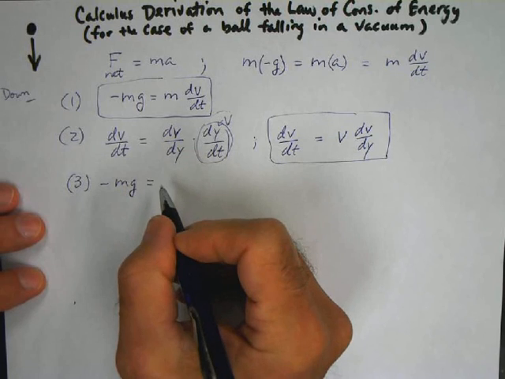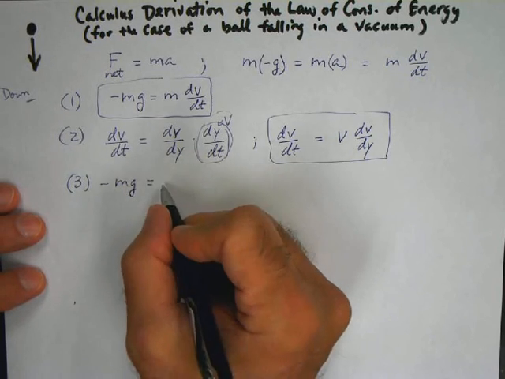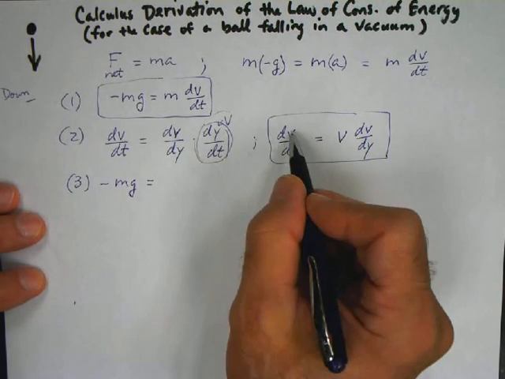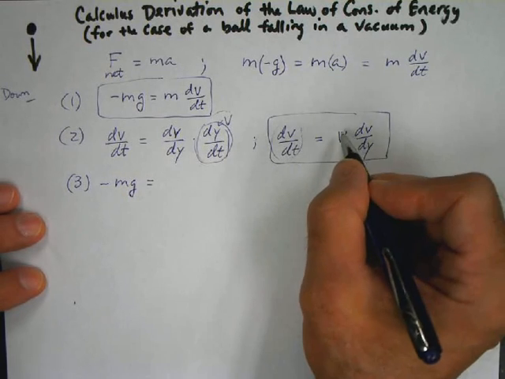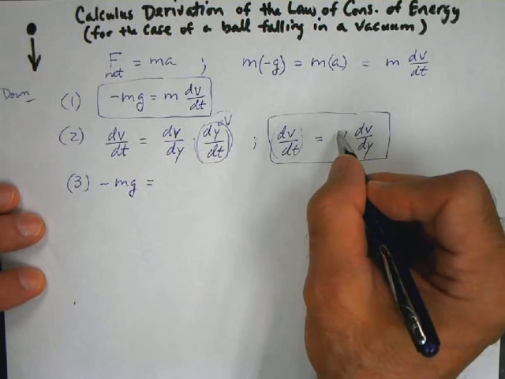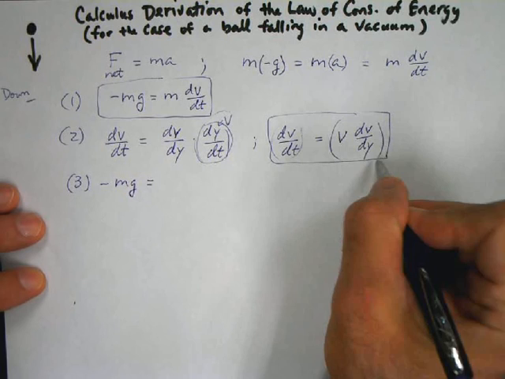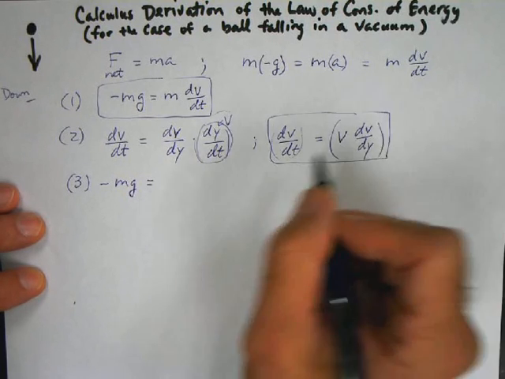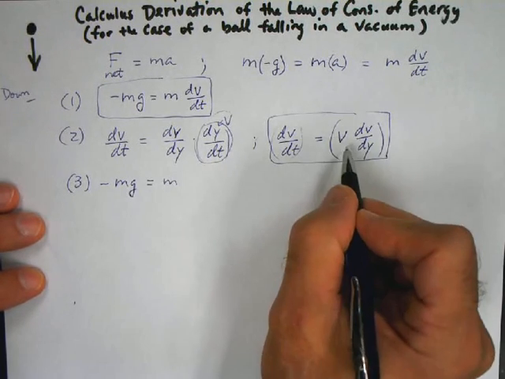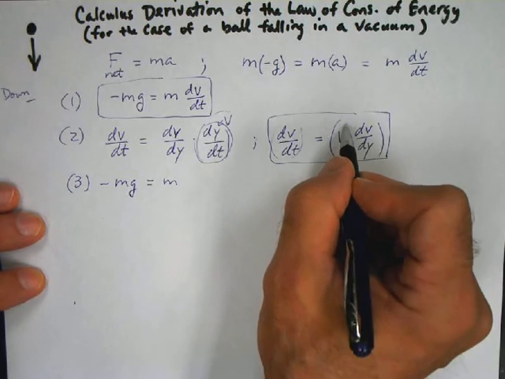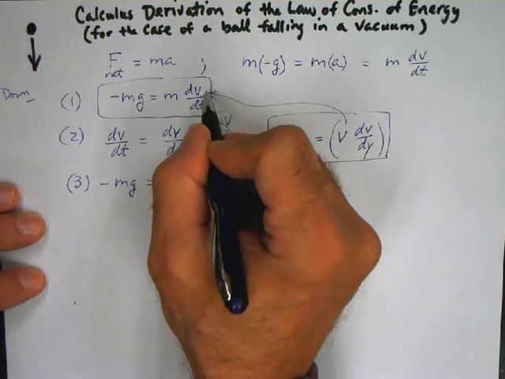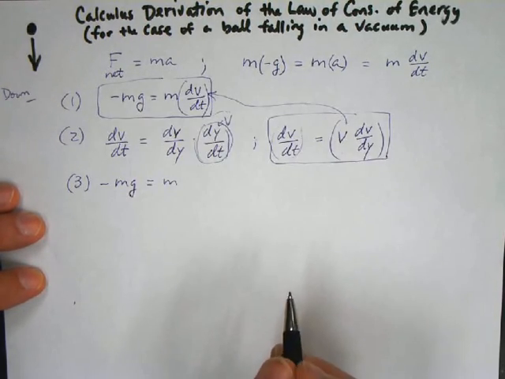Now if we combine the two, what do we get? We get negative mg equals m dv dt, but dv dt, as we found out, according to the chain rule, can be written as v times dv dy.